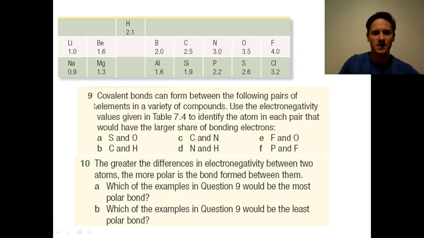So this question here is saying to identify the atom in each pair that would have the largest share of the bonding electrons. So finding the most electronegative atom out of the two. The next question is asking which would be the most polar bond, so the greatest difference in electronegativity, and which would be the least polar bond. I'll ask you to pause the video again and record the answers to these questions in your exercise books.